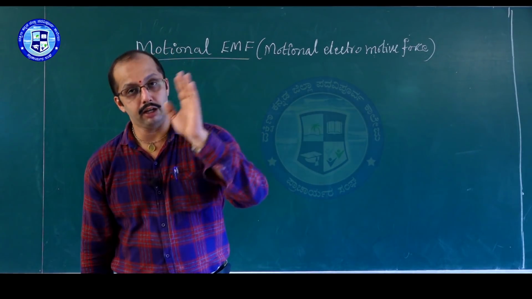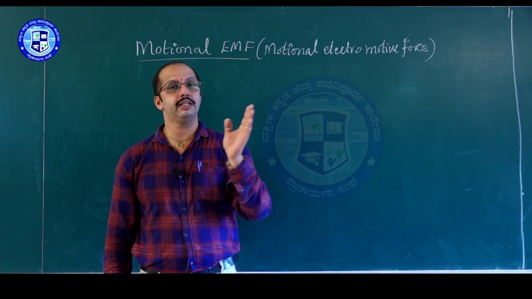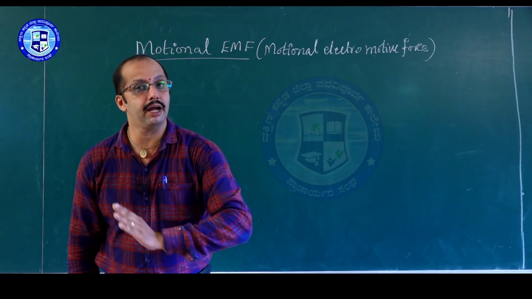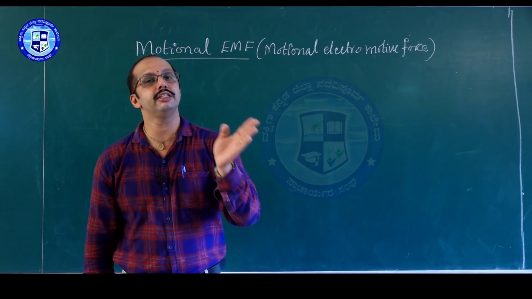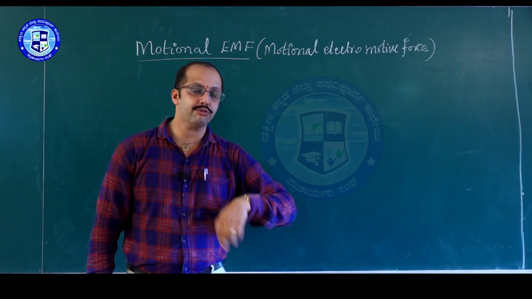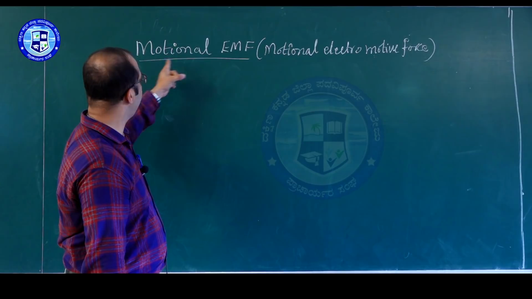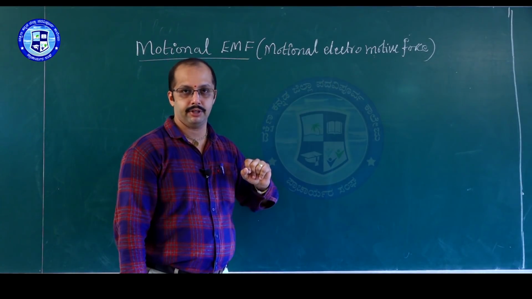No. We can also do it by changing the area. Not only a change in magnetic field, but changing the area also induces EMF. That we are going to discuss in motional EMF.